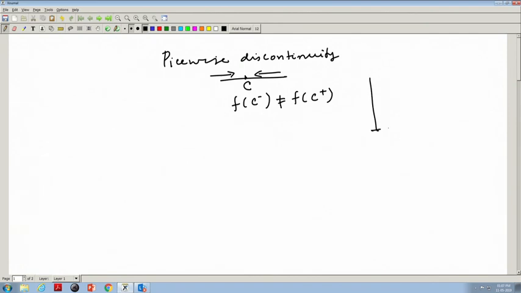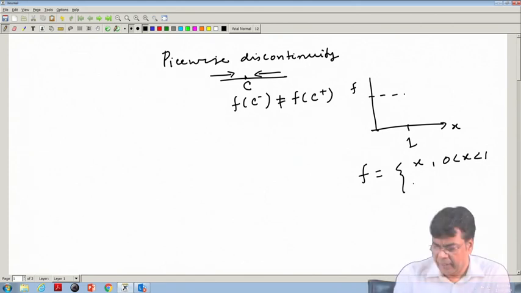So, take any step function, say f is x for 0 less than x less than 1, and it is half for 1 less than x less than some other value, infinity or something.